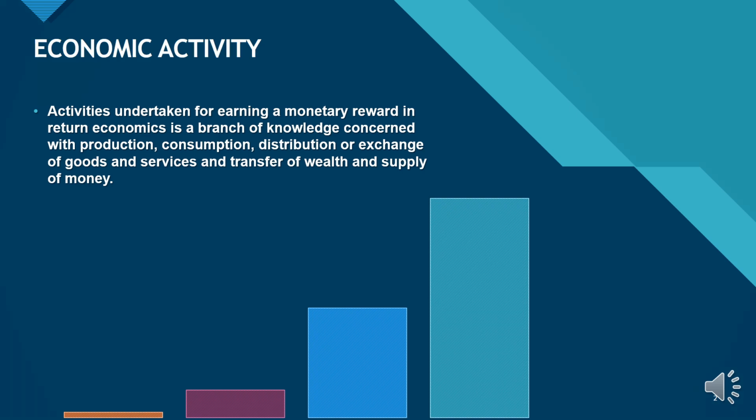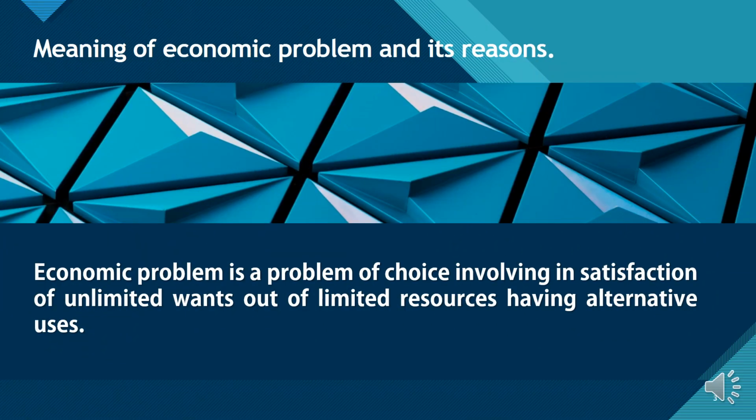So now we are moving to the new concept called the economic problem, and how this economic problem arises, or its reasons, we are going to learn in this particular video.